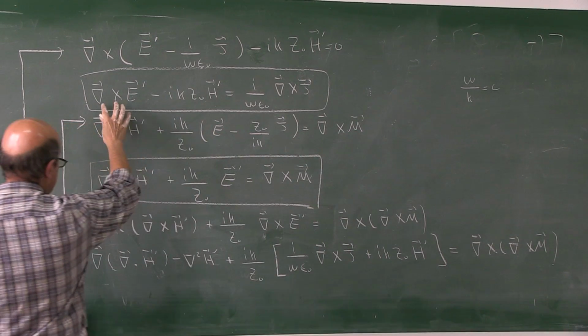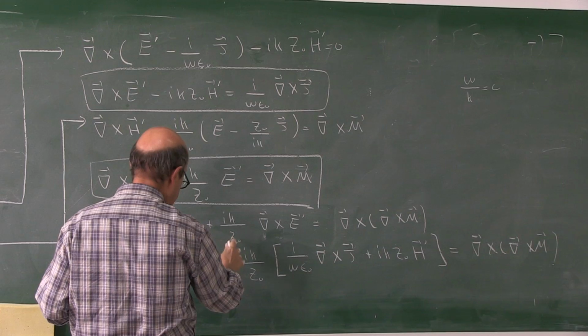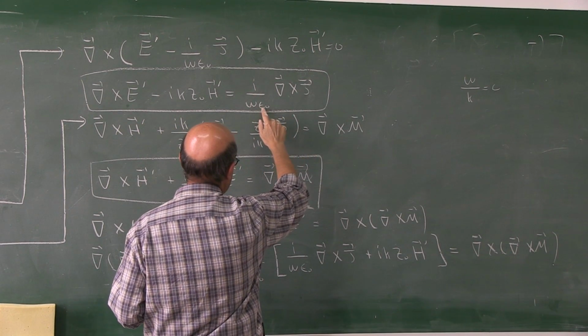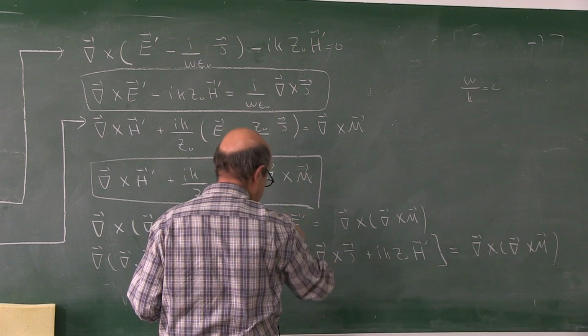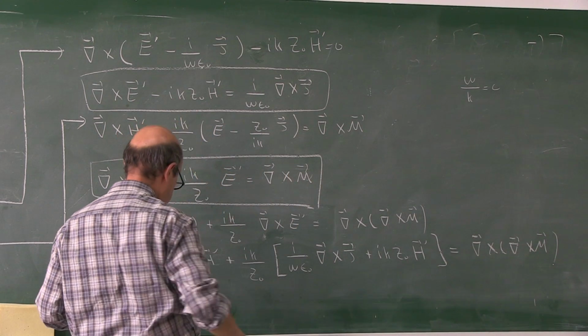So I plug the curl of E prime to here, ik Z0 here. That is nothing but i omega over epsilon 0 curl of J and plus ik Z0.